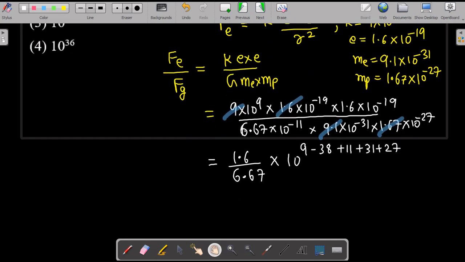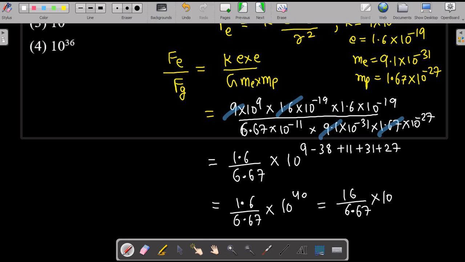How much does this come out to be? Minus 38 plus 31 is minus 7, plus 9 is 2, plus 11 is 13, plus 27 is 40, right? So 10 extra you take here, so this becomes 16 by 6.67 into 10 power 39.